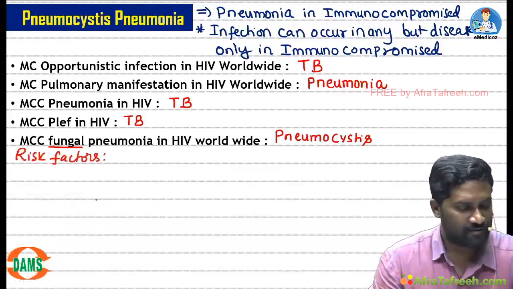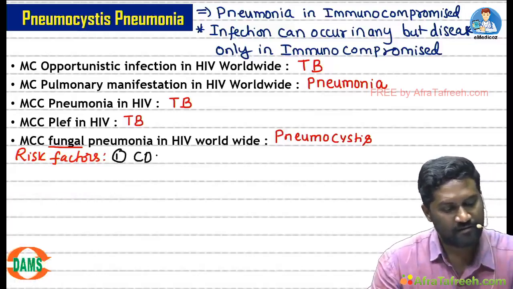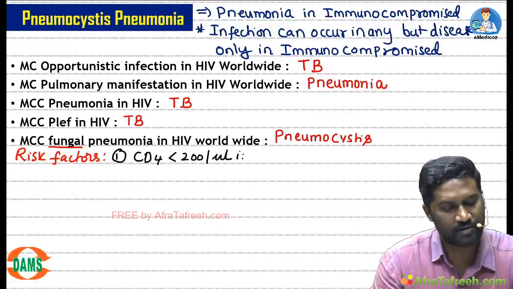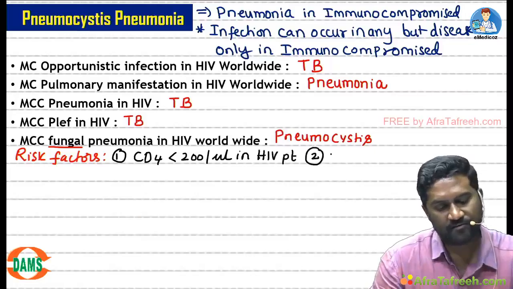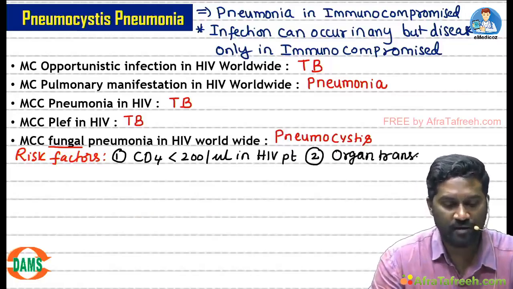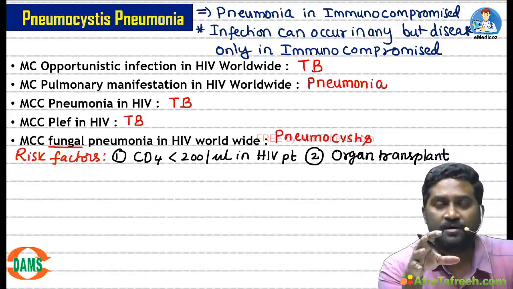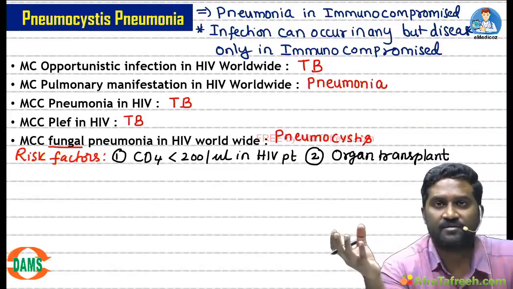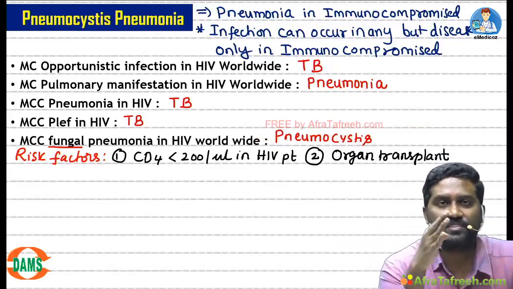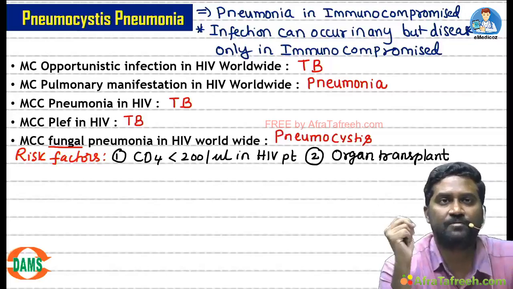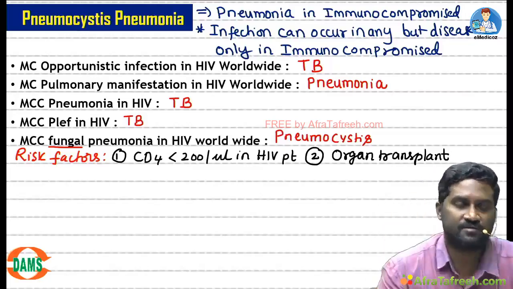As I mentioned previously, the most important risk factor is CD4 count less than 200 per microliter in an HIV patient. Then the second risk factor, patients who underwent organ transplant. Organ transplant patients will also be given immunosuppressive therapy to prevent the graft rejection reaction, so they will also be immunocompromised. They also can get Pneumocystis.